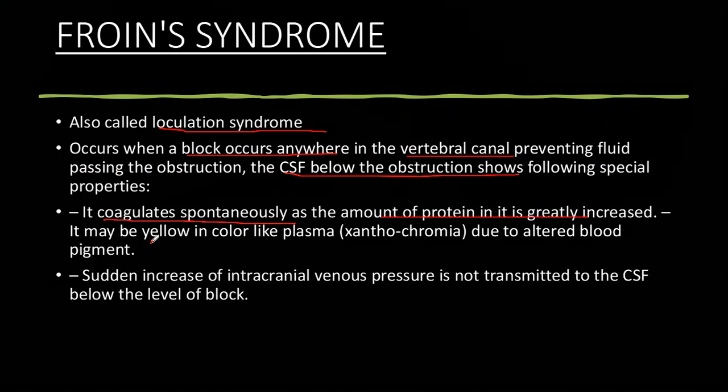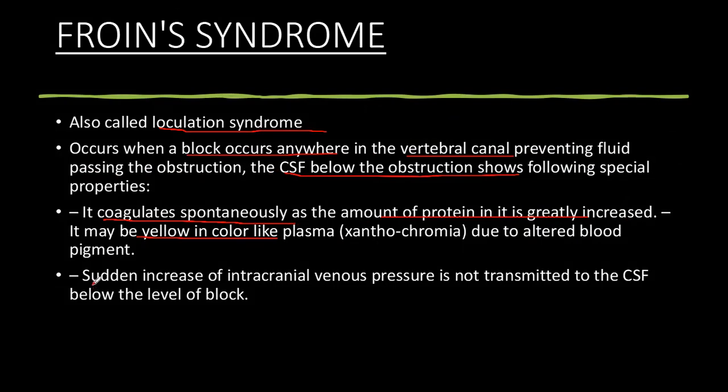Two, it may be yellow in color, like plasma, so xanthochromia, due to altered blood pigment. Also, there is no transmission of the sudden increase in intracranial venous pressure to the CSF below the point of block. So Froin's syndrome, or the loculation syndrome, is due to a block in the vertebral canal. Please note it is in the vertebral canal.